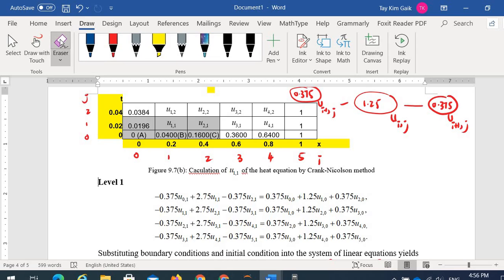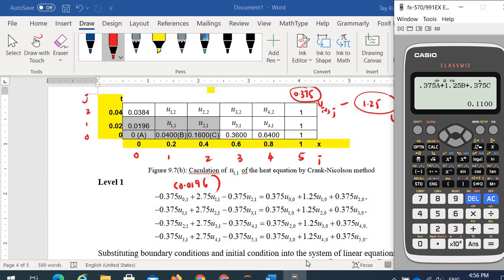U0 level 1. This one multiplied by 0.0196. This one I calculated here, and then I need to add it to negative 0.375 times U01. I is 0, J is 1, so this value is 0.0196.